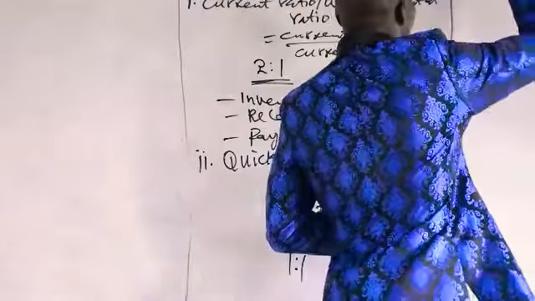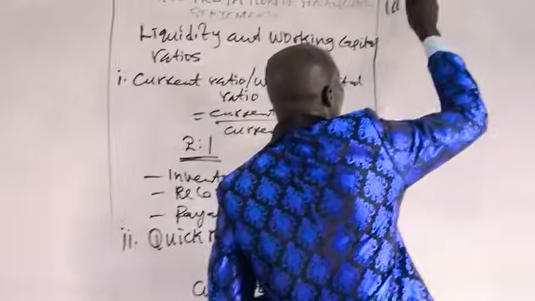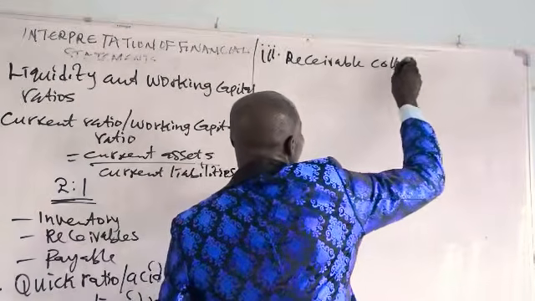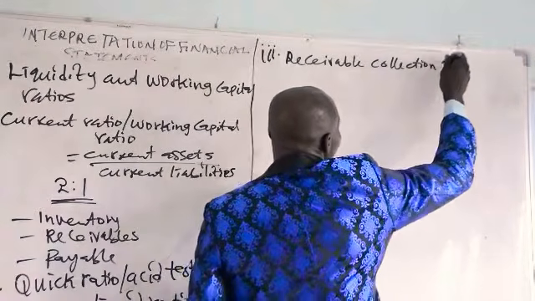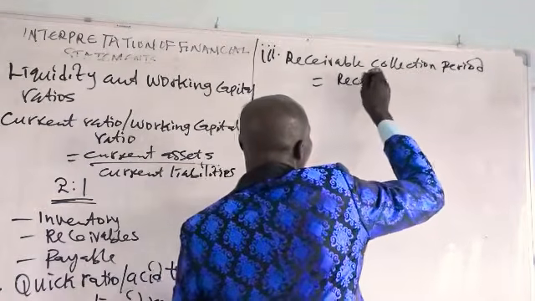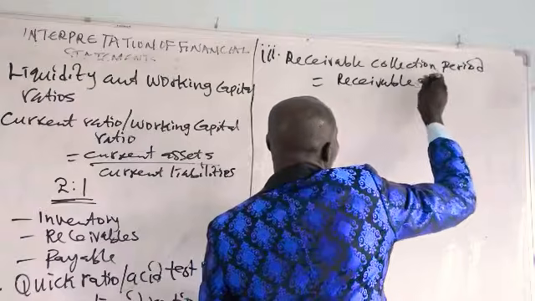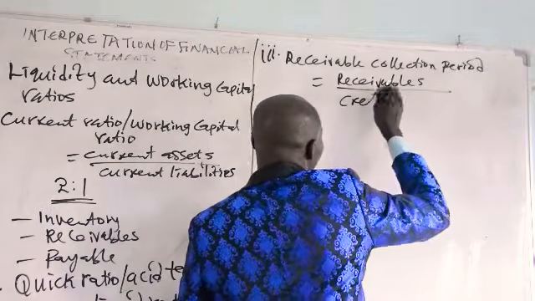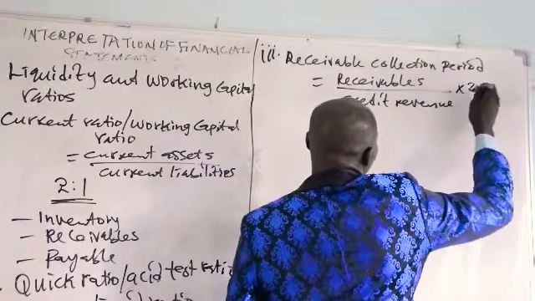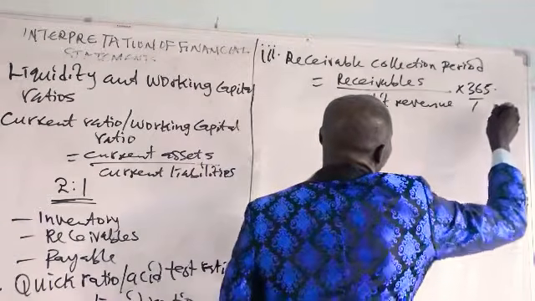Then we have the receivable collection period, which is receivables over credit sales or credit revenue, times 365 days.